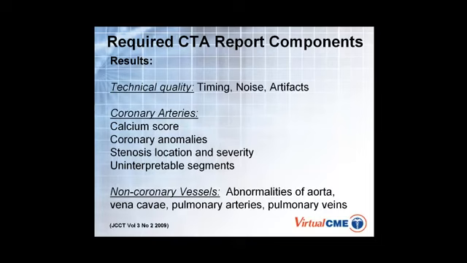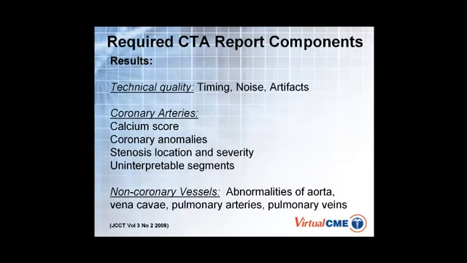And then if there are some uninterpretable segments, and we discussed that on the first case that we reviewed where we had some motion artifact in the distal right coronary, we need to transmit that information that there are some areas perhaps that we don't have full information. In that particular case, it didn't affect management because we already found some severe disease elsewhere.